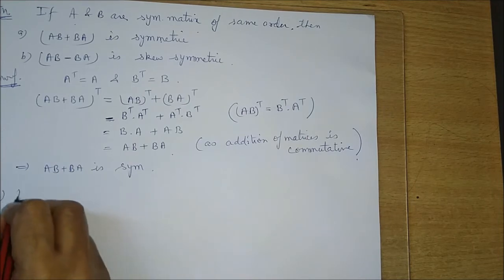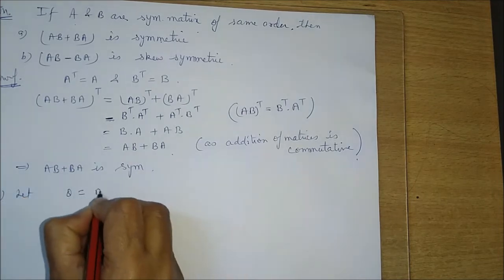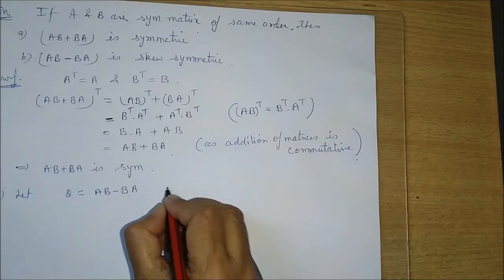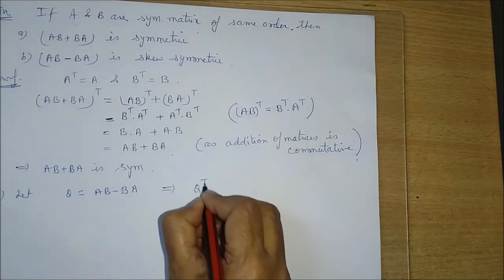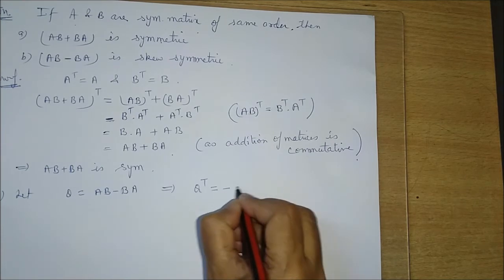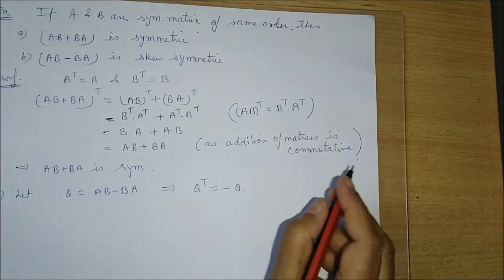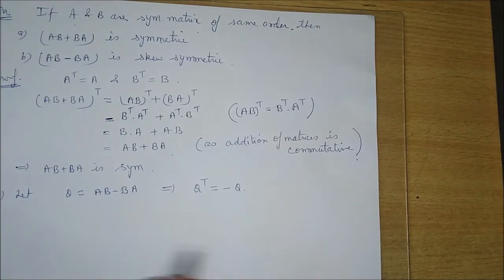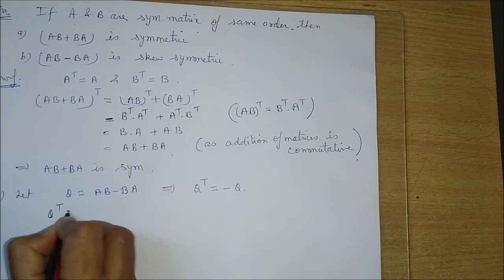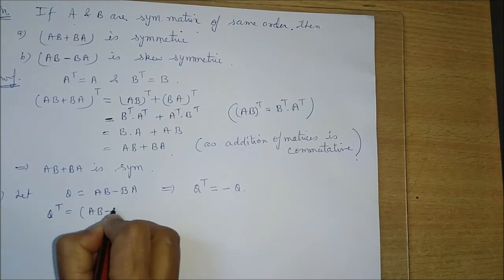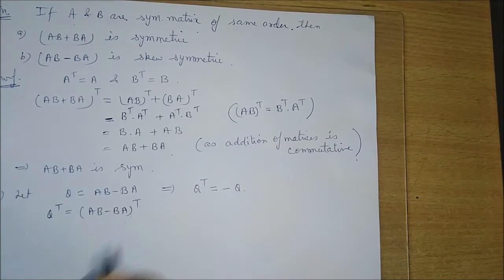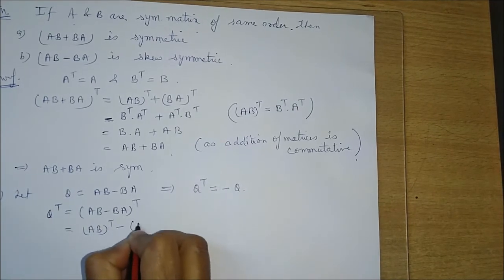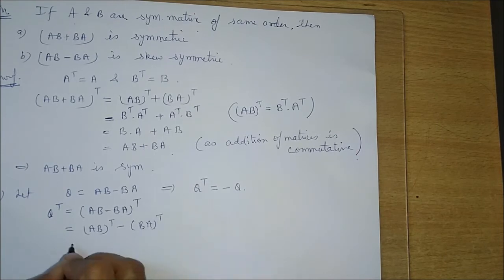B part, let Q equal to AB minus BA. We have to prove that transpose of Q is equal to minus Q, as we have to prove that Q is a skew symmetric matrix. Now Q transpose equals AB minus BA whole transpose, which is AB transpose minus BA transpose.